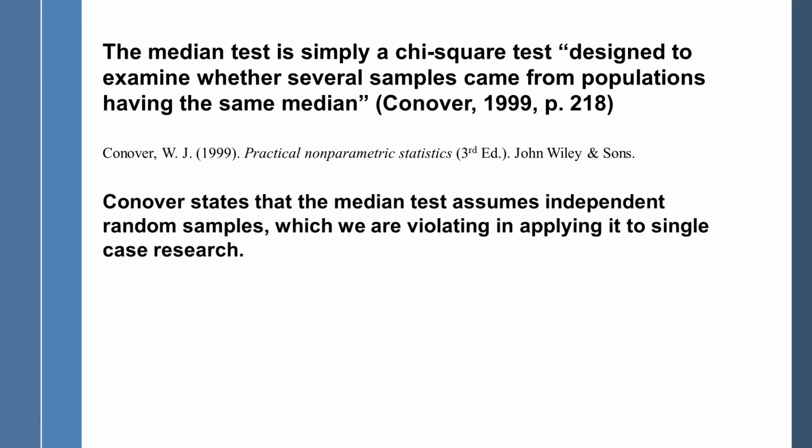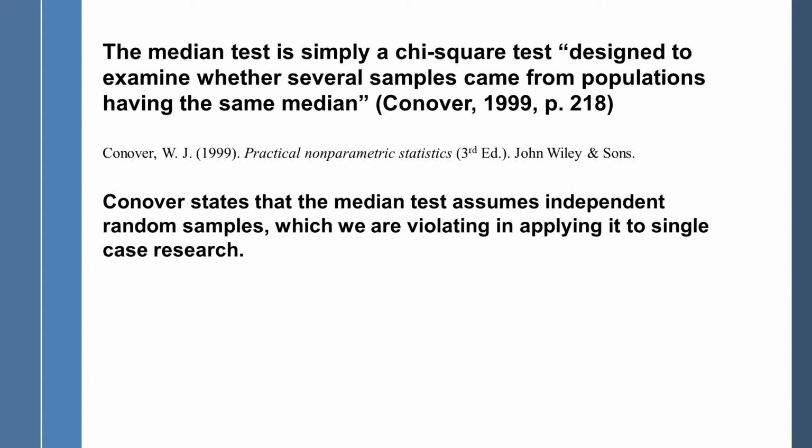Conover states that the median test assumes independent random samples. Every statistical test has different types of assumptions based on the probability distributions of the data that you're dealing with. And for the median test, it's not assumption-free.